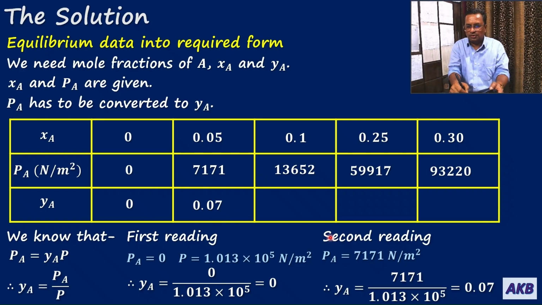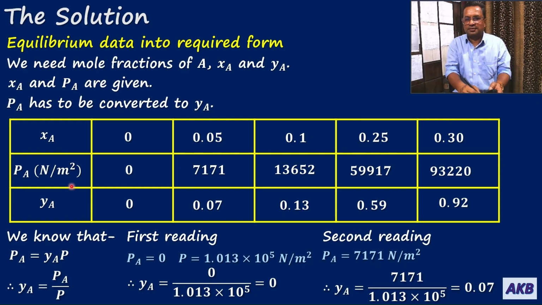You can follow the same procedure to get the other values for YA. So I will just take all those values, 0.13 and then 0.59 and then finally we have 0.92. In this way, we have converted the given equilibrium data into the required form. Now we have XA values in equilibrium with YA values and we will be using these values to plot the equilibrium diagram. Let us move ahead.